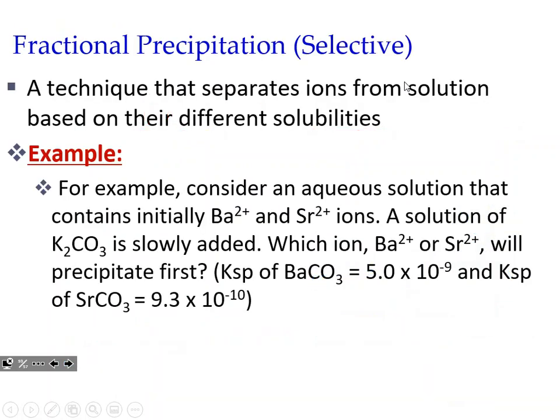One more quick thing before we move on to kinetics. The rest of the fractional precipitation or selective precipitation calculations, you will not need to know for the AP exam. If you want to go through them through the PowerPoint or even watch the video from last year, you're welcome to do that, but I'm not going to cover it because it's not going to be on the exam.